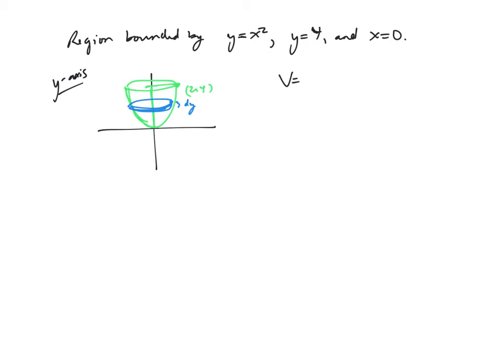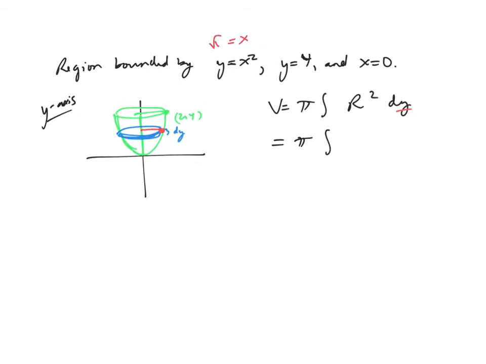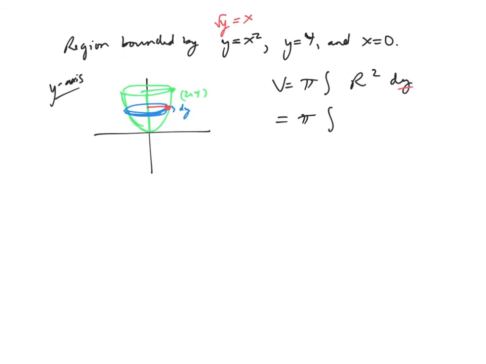So volume is equal to my general formula here, pi times just radius squared and dy. Now let's put in my details. So integrating, well, my radius I need to figure out. That's the x value on this curve. But I can't just put x because I'm integrating with respect to y. So everything has to be y, which means I'm going to use my alternative here, x equals radical y.